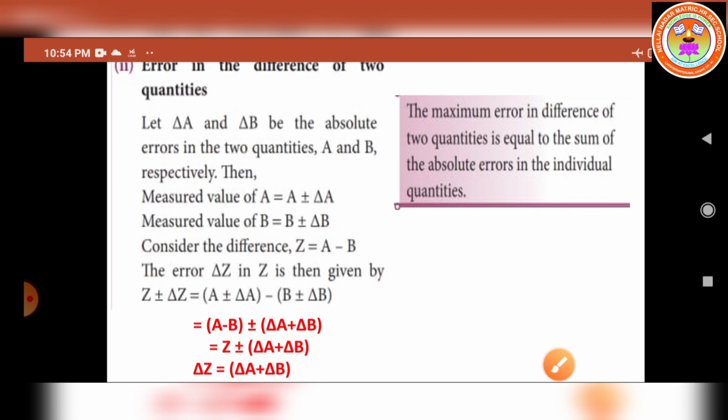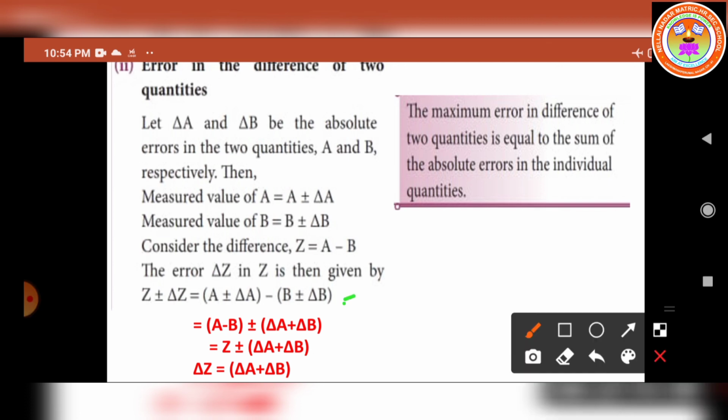So what will come here? A plus or minus delta A, now minus is multiplied in the bracket term, minus B. Now minus into plus, minus into minus, plus. So we can write minus plus delta B. We can write it like this also.